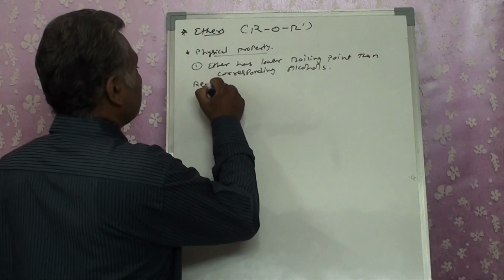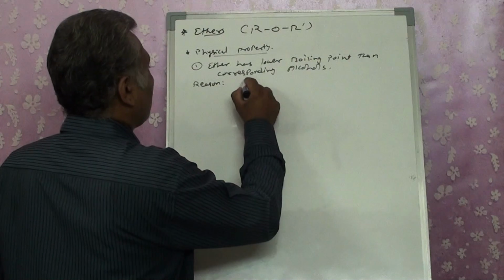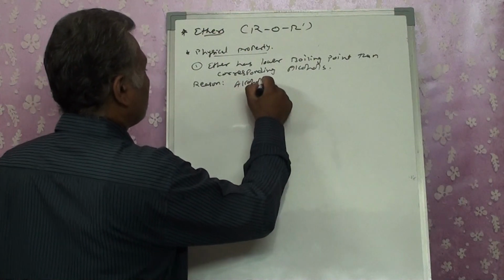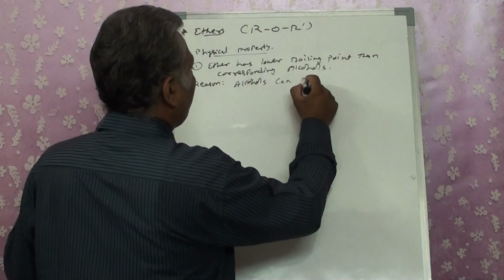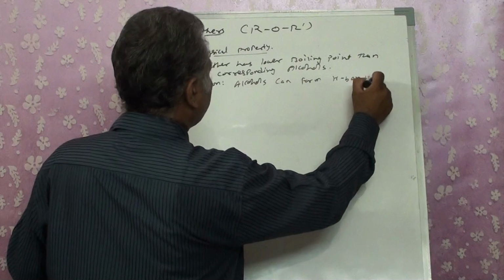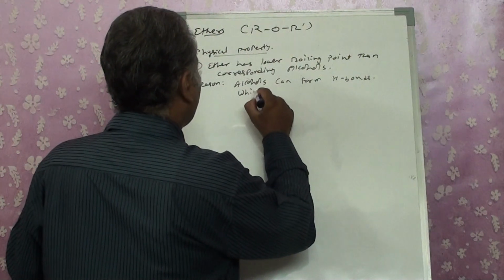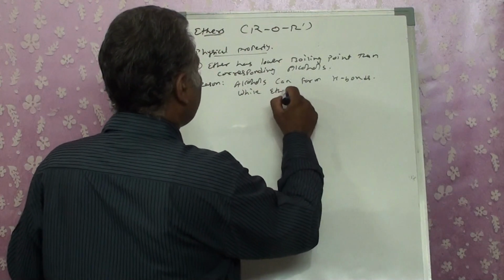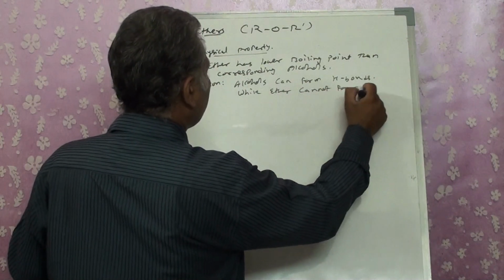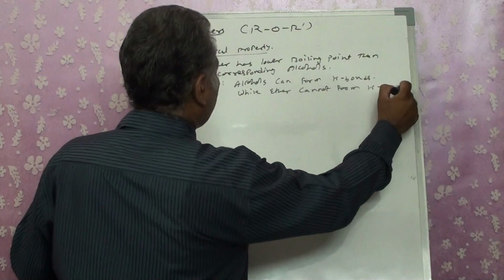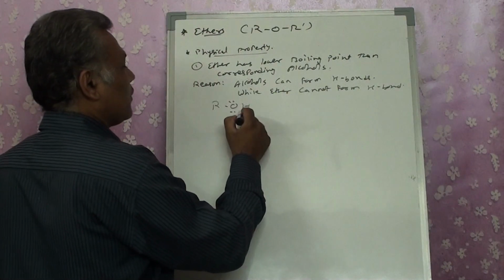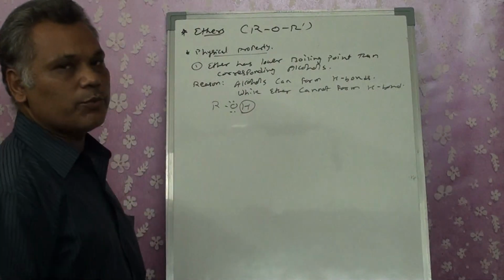The reason is alcohols can form H bonds, while ethers cannot form H bonds. In the form of ROH, this can produce H bonds.